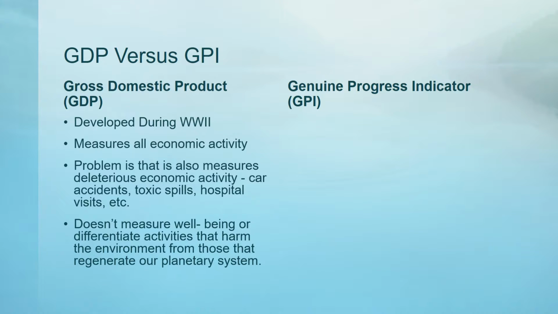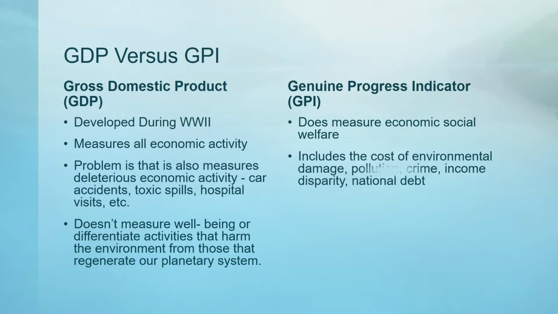A genuine progress indicator, on the other hand, does measure economic social welfare. It includes the costs of environmental damage, pollution, crime, income disparity, national debt, so that you get a real sense of this. And it includes benefits on the positive side, of volunteer services, childcare, that kind of thing, that are social benefits.